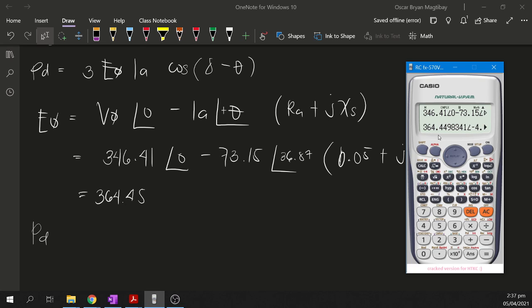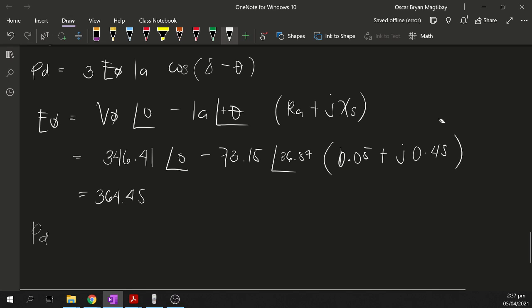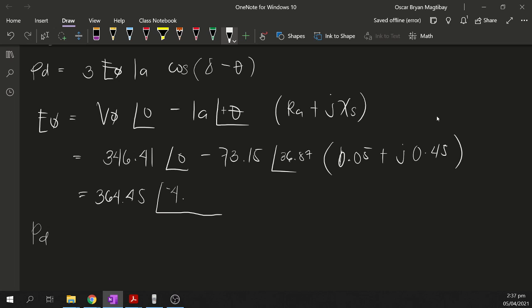So, negative 4.5, 364.45 angle. Sorry po. Negative 4.51 degrees.